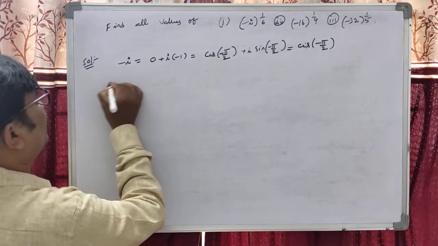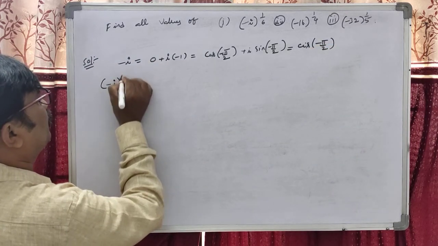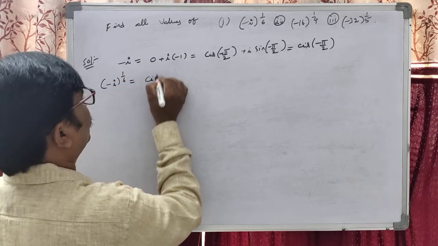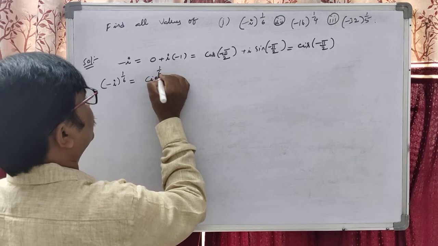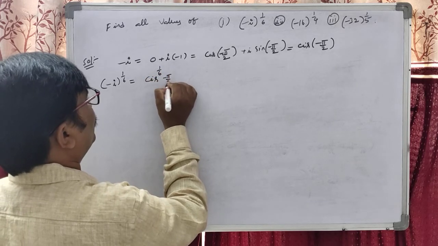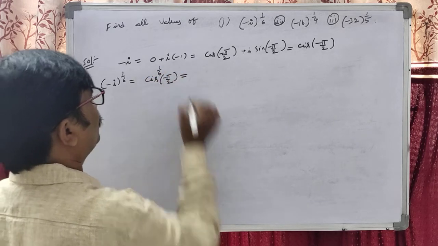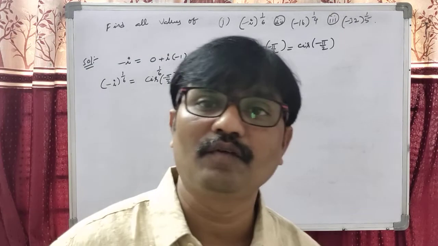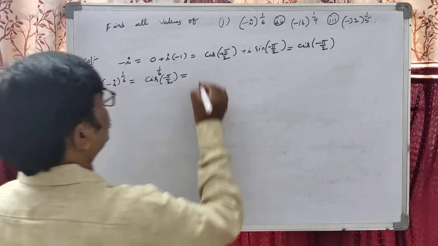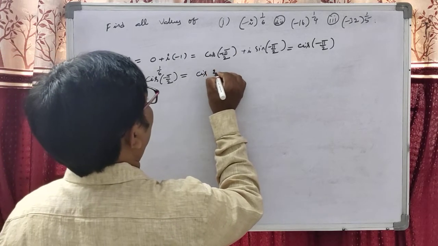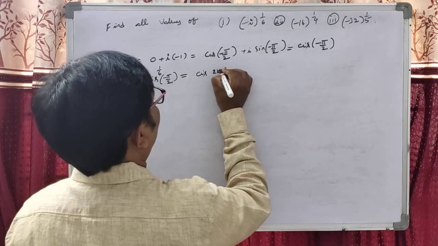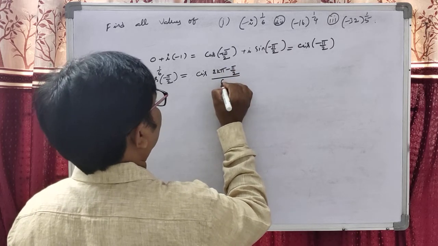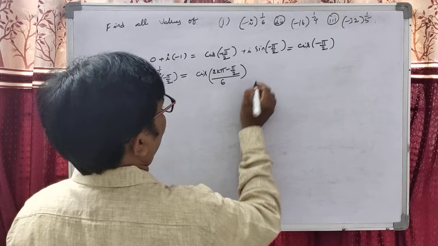Now we can write (−i) power 1/6 as cis of 1/6 times (−π/2). How to write this? This is cis power 1/n θ, cis of 2kπ plus θ over n, with n equal to 6.